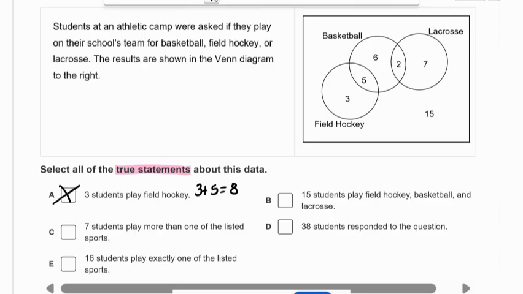B says 15 students play field hockey, basketball, and lacrosse. All right, so let's take a look. Here's field hockey, here's basketball, and here's lacrosse.